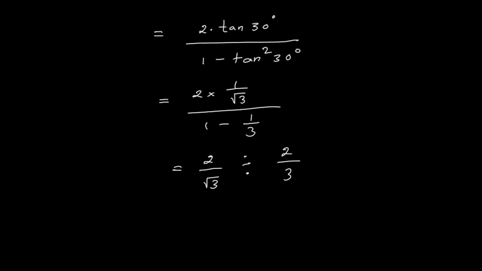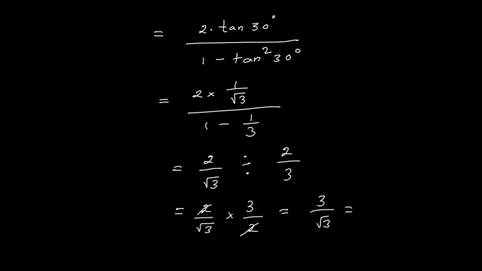So this is equal to 2 upon root 3 multiplied by 3 upon 2. This 2 and 2 will cancel. Now 3 upon root 3. We will rationalize this denominator and we will get root 3.